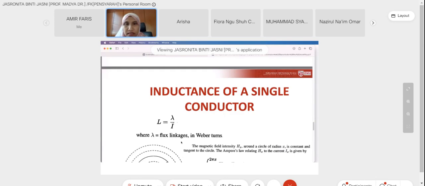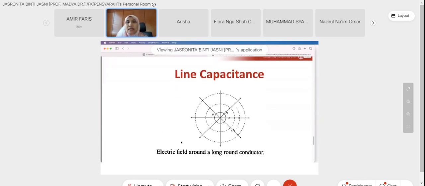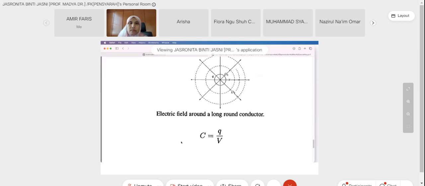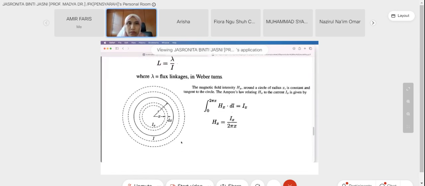And then you need to know the inductance of the conductor. Then the last one is the capacitance of the conductor. So any question before we move to the next topic, the next slide?